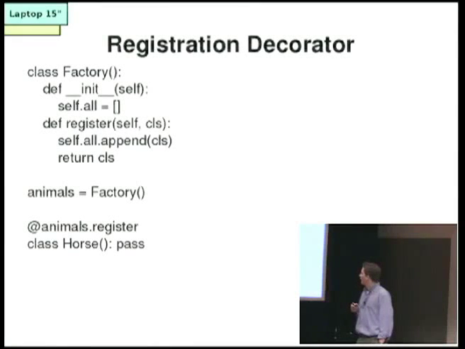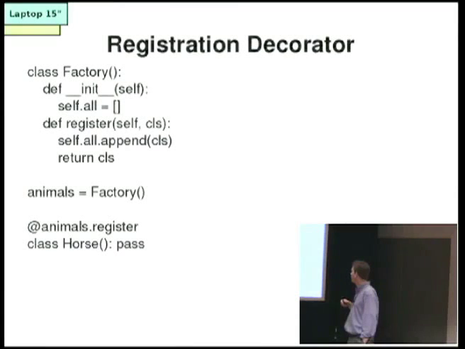So here's an implementation of the registration decorator. You have a factory, your cron scheduler. You just want to add items to it one by one. It's a simple class. All it does is keep a list. It has a method, register, to add things to the list. Later on, if you want to go back and see what's in it, just look at the all attribute. That's everything that's been registered.